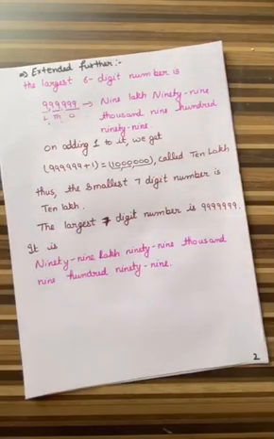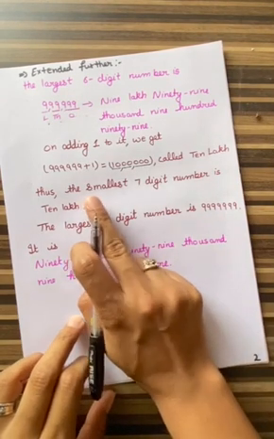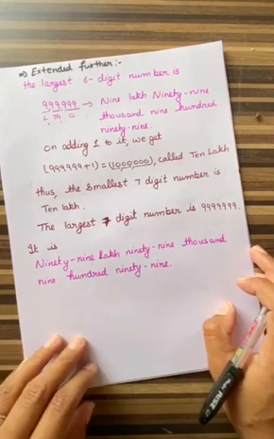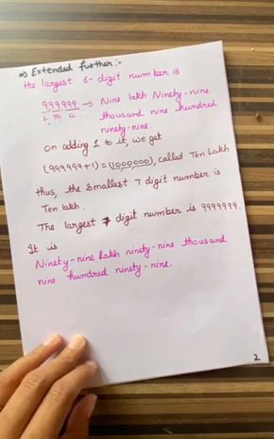So students, what we learned is that if we want to extend our number system further, we have to add 1, and we will get the smallest extended number of that largest number.